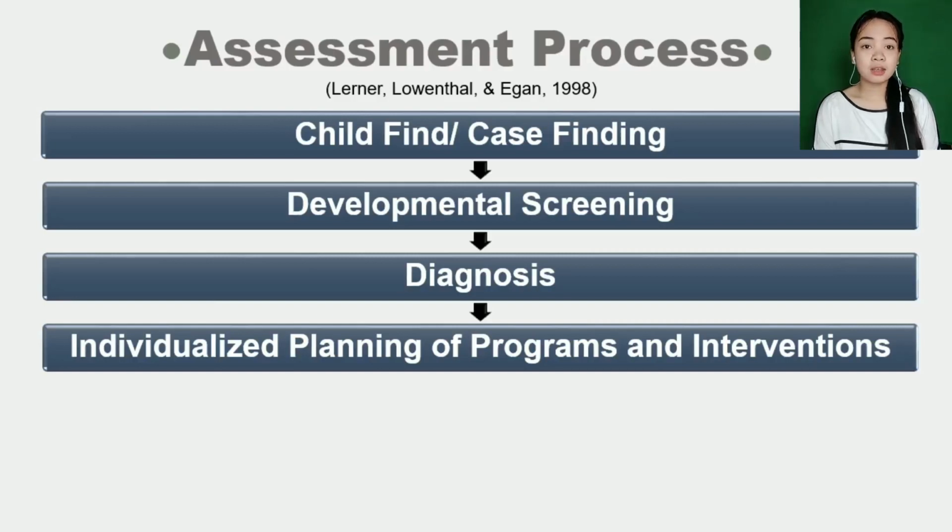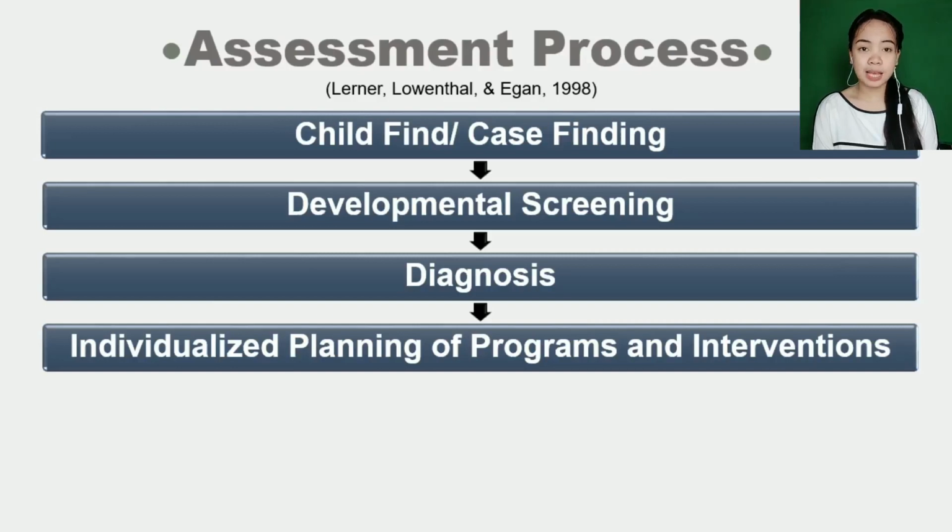The areas considered in the planning process for preschool children include sensory or physical development, language and communication abilities, fine and gross motor development, cognitive abilities, adaptive or self-help skills, and social-emotional development.